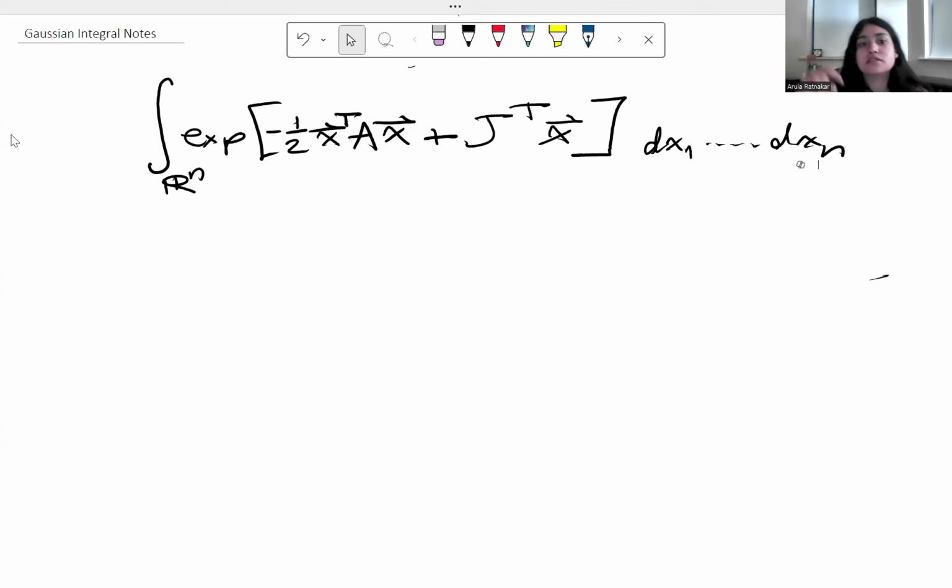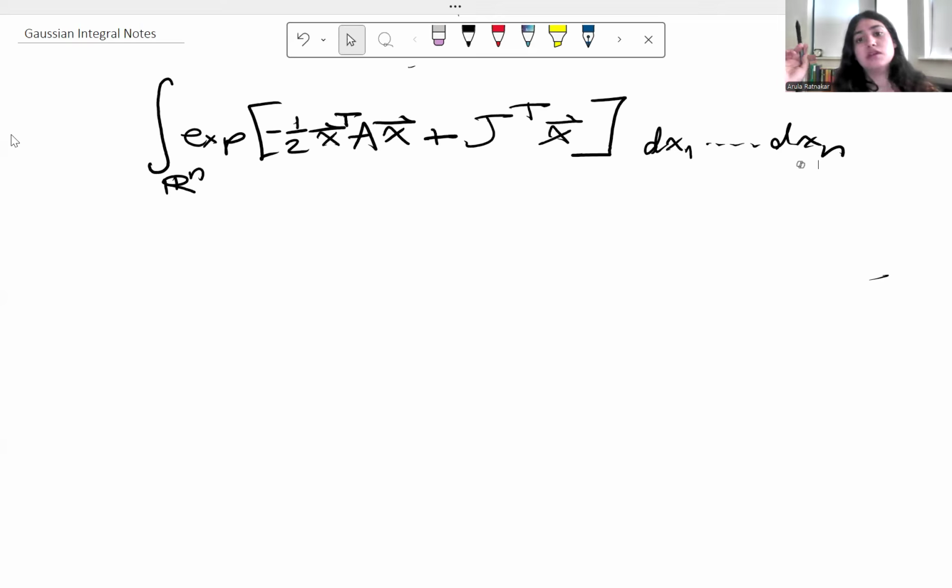But this is the integral that we're going to be doing, and here we're going to assume that A is a symmetric, positive definite matrix. I'll bring that up again when we get to it. J is a vector. X is a vector. This J term is shifting this multivariate Gaussian away from the origin, and it's also stretching and squashing it.